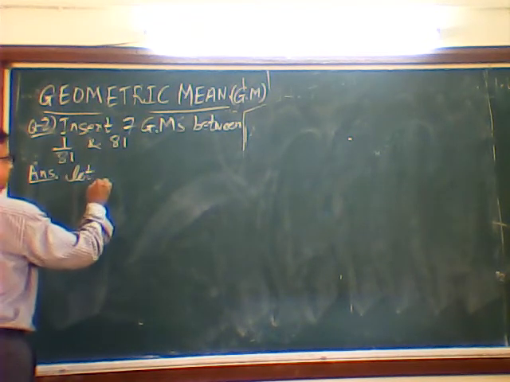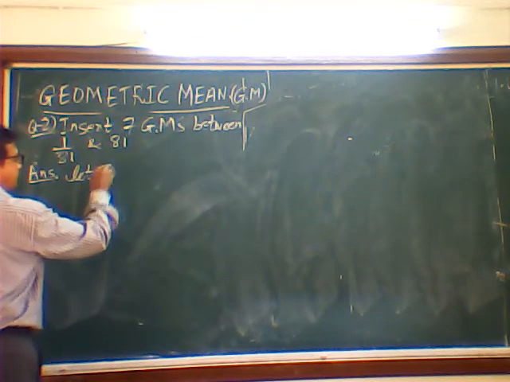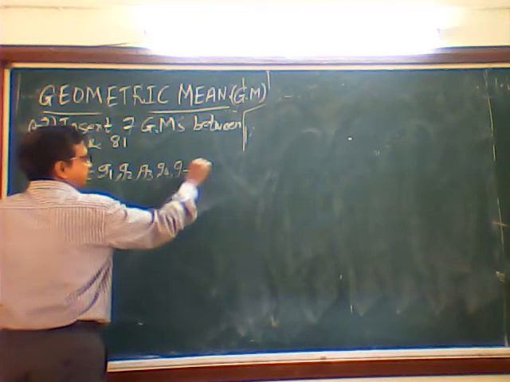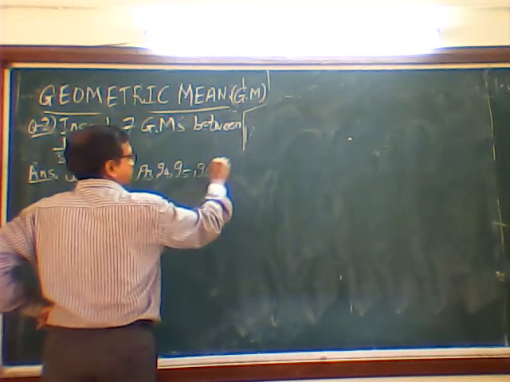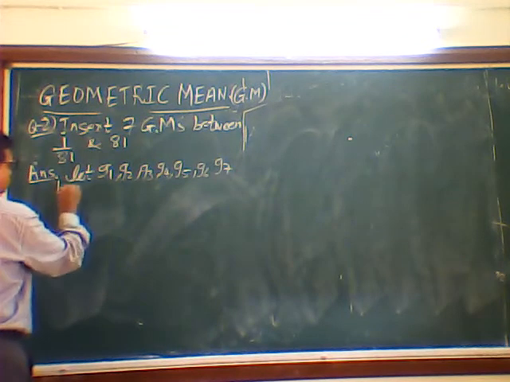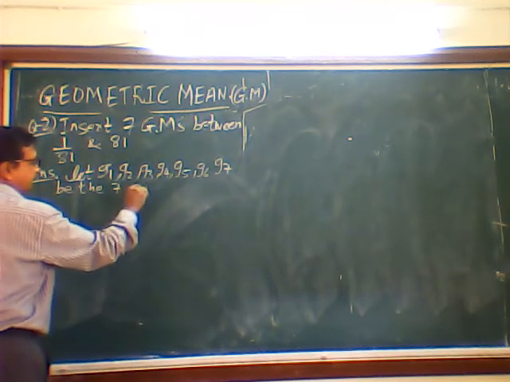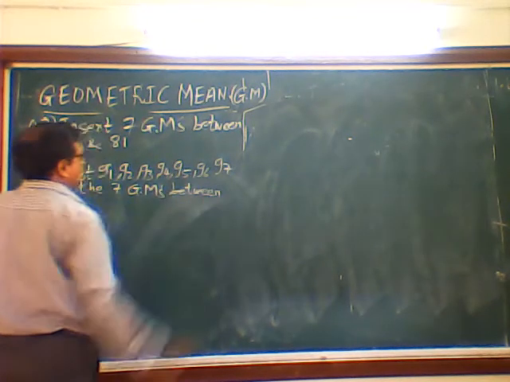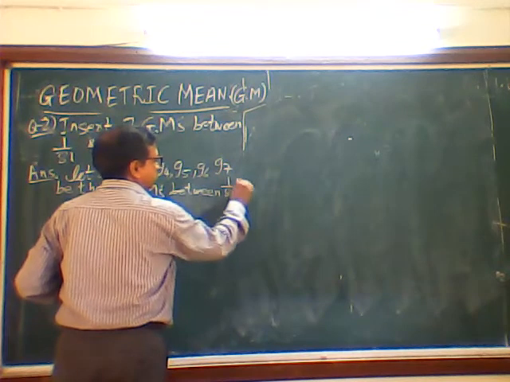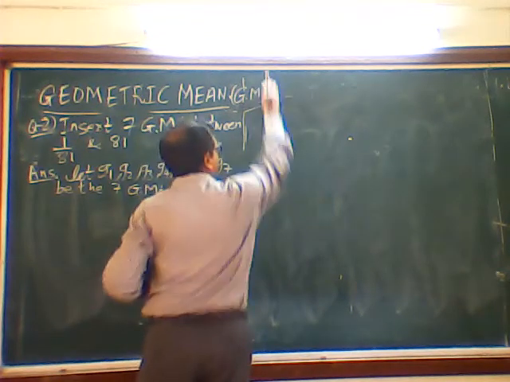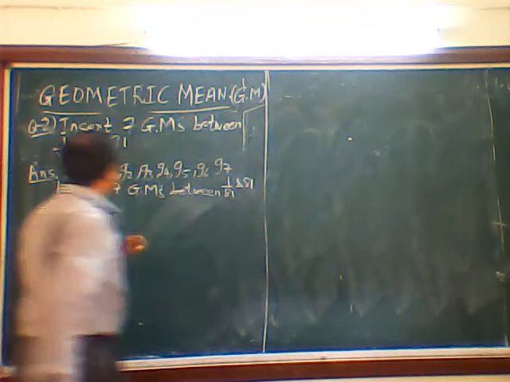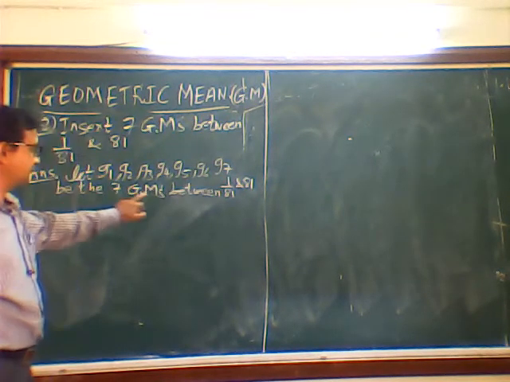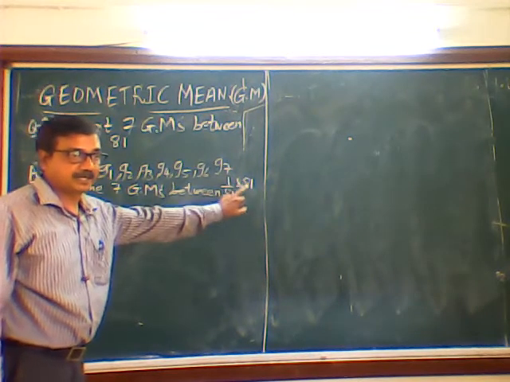I say let G1, G2, G3, G4, G5, G6, G7 be the 7 geometric means between 1 upon 81 and 81.